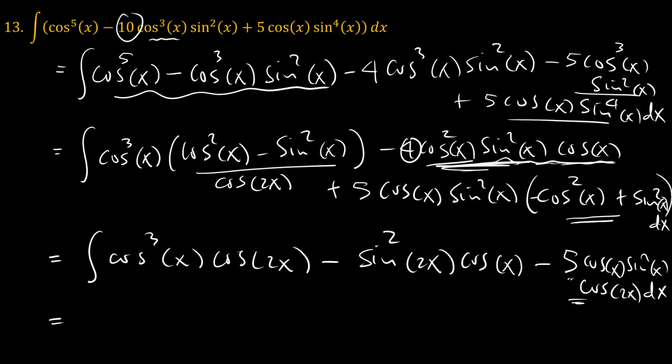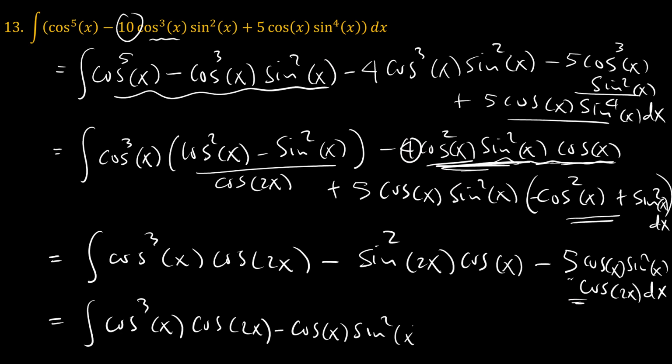So we can say that this is the same as cosine cube of x cosine of 2x minus cosine of x sine squared of x cosine of 2x minus sine squared 2x cosine x minus 4 cosine of 2x cosine of x sine squared of x dx.